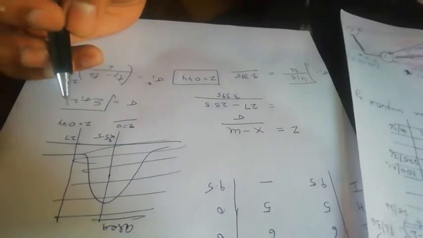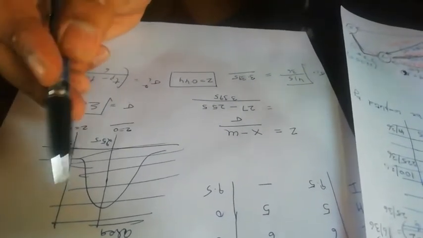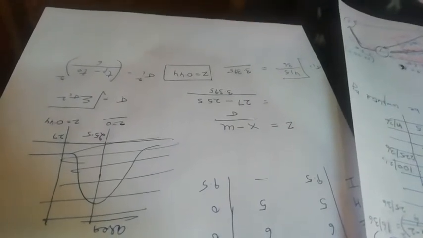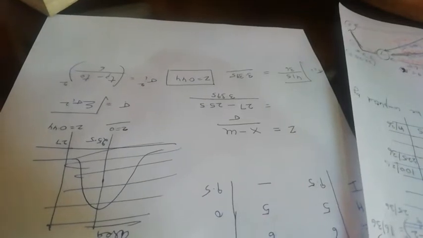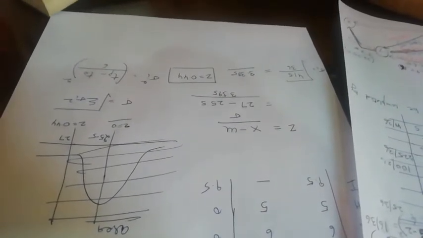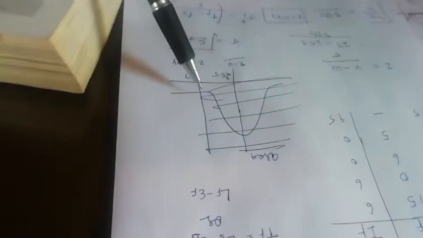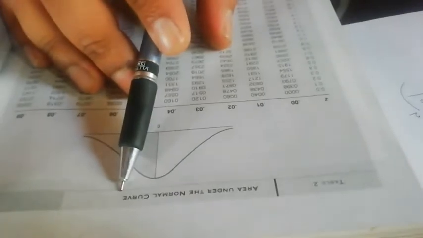Now we want to calculate the area. For this area, we will see the normal distribution curve, the area under the normal distribution. You can check by the tables. Take any stats book, and in the back of the book there will be a table of area under the normal distribution curve.